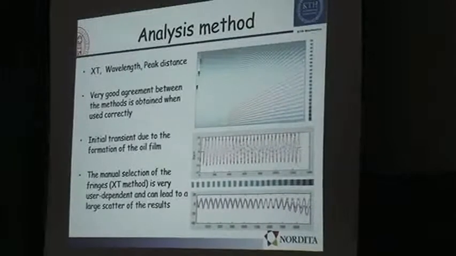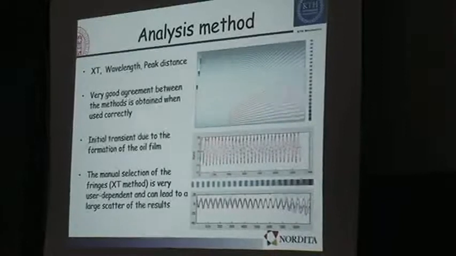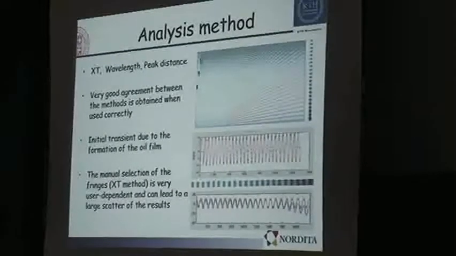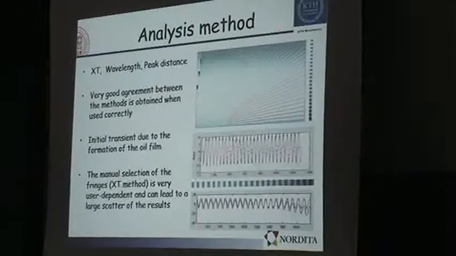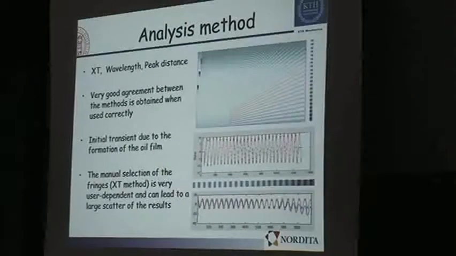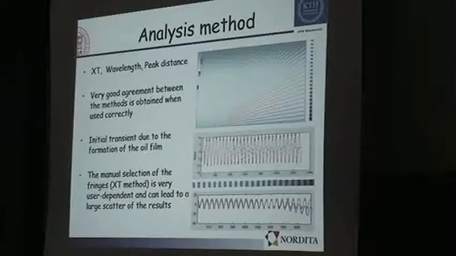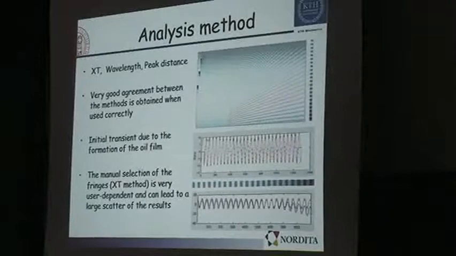Now, all these techniques provide very similar results as long as you apply them carefully. Normally, in our experience, if you select the right region of the domain, there is no problem. They give very good results.